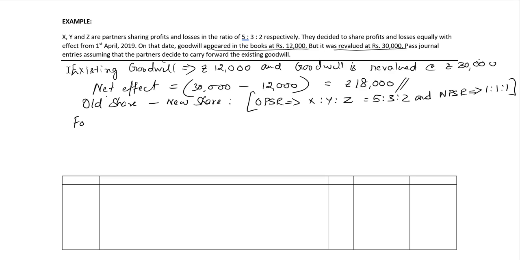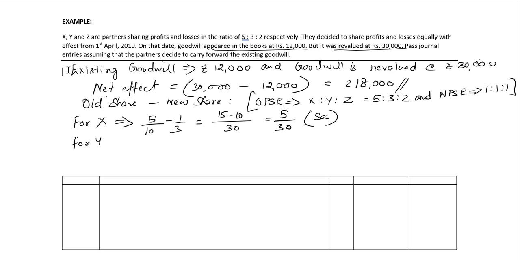So for X, old share 5 divided by 10 minus the new share 1/3, positive 5 divided by 30, X sacrifices. For Y, 3 by 10 minus 1/3, a negative 1/30, Y gains.